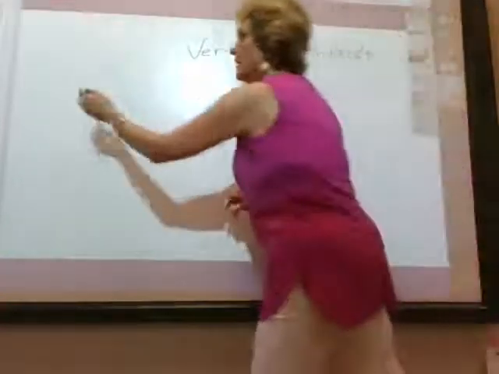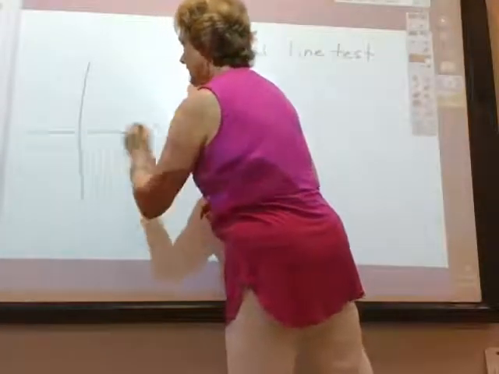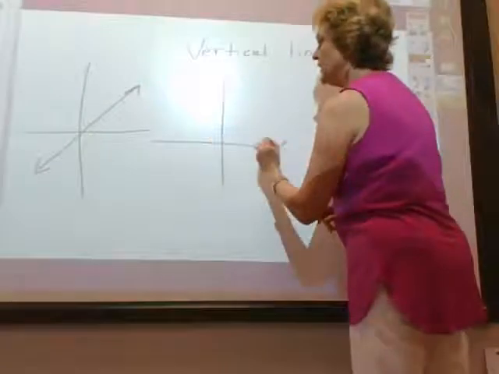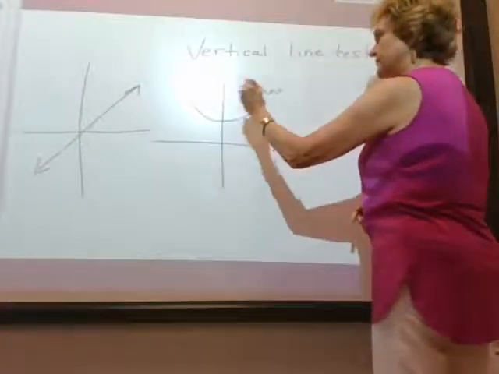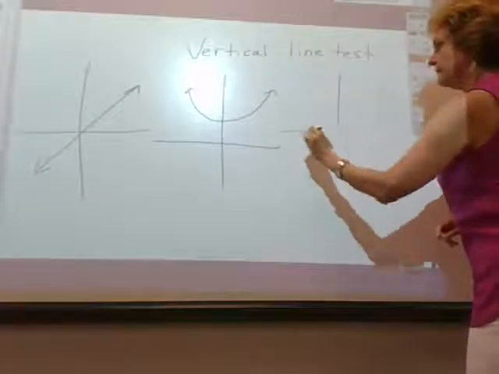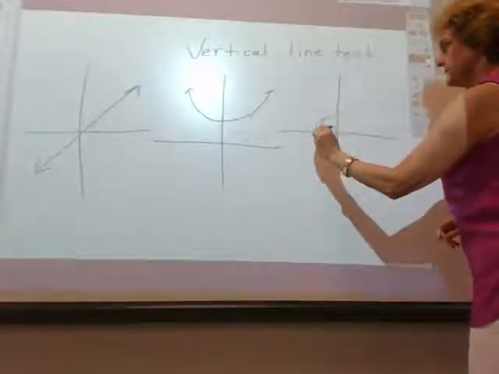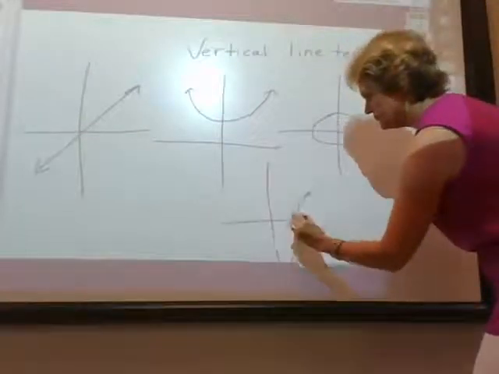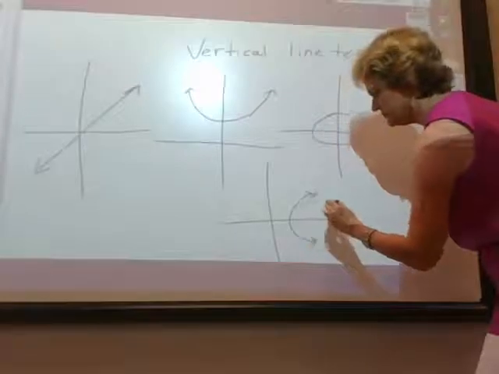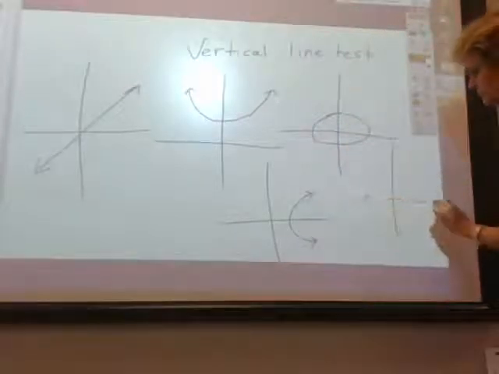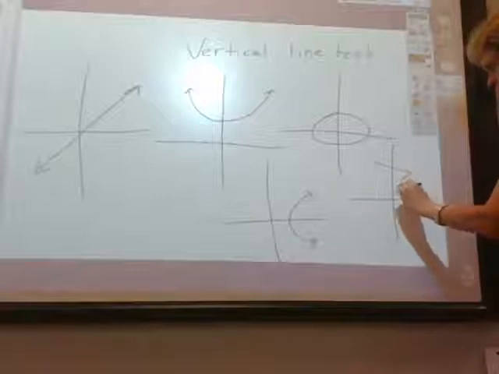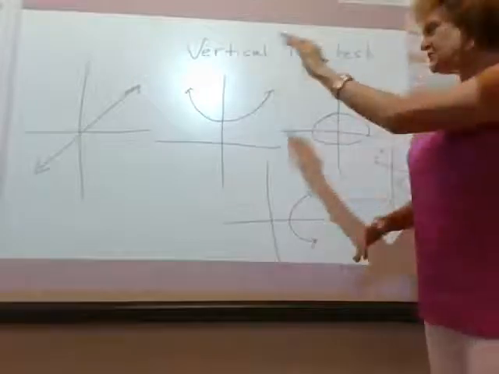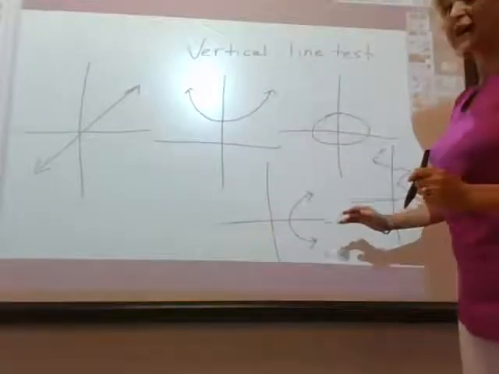So what I'm going to do is draw a few graphs at random, and you are going to tell me yes or no if these are functions. So here's 5 different graphs.